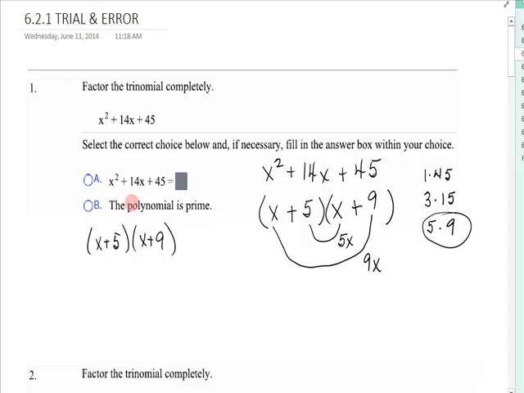The reason that this is written here is that some polynomials are prime, and you're going to begin to encounter that. A polynomial is prime if there is no way to factor it. For instance, the number 13 is a prime because the only way to factor 13 is 1 times 13.